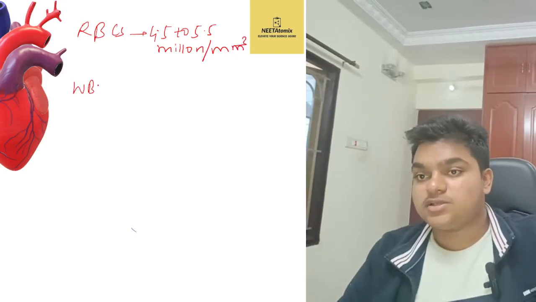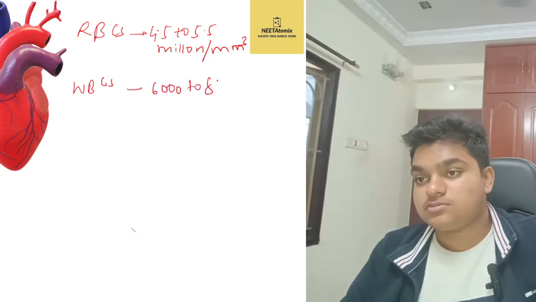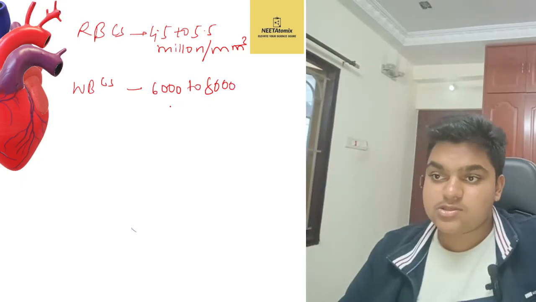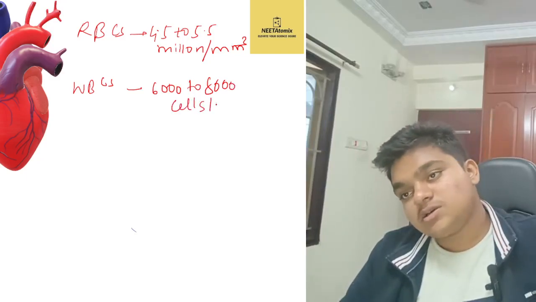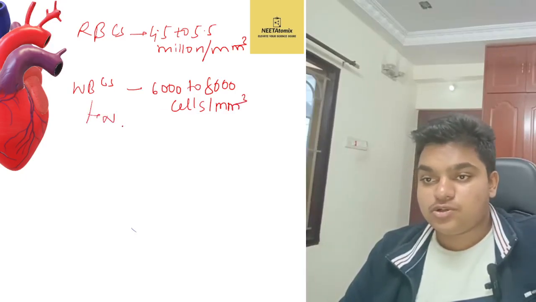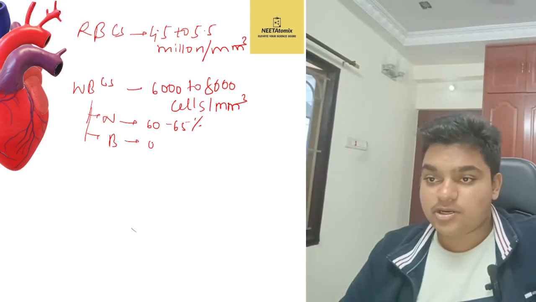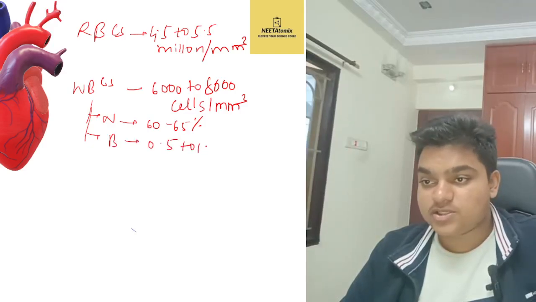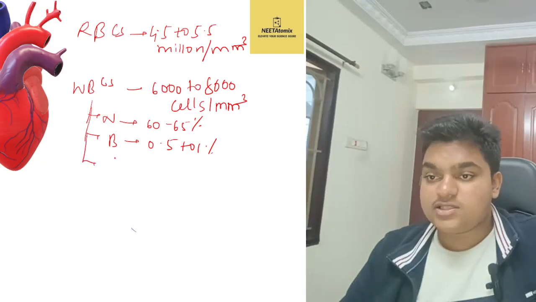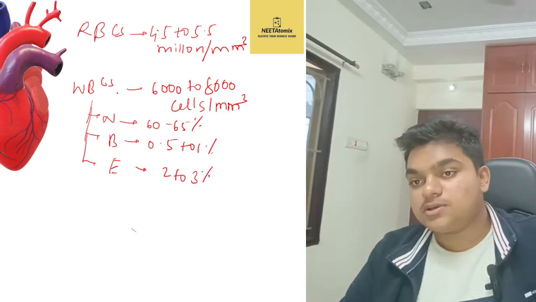Next, WBCs 6,000 to 8,000 cells per mm cube. In this also, neutrophils accommodate 60 to 65%, they are the huge majority. Basophils accommodate 0.5 to 1%, and eosinophils accommodate 2 to 3%.